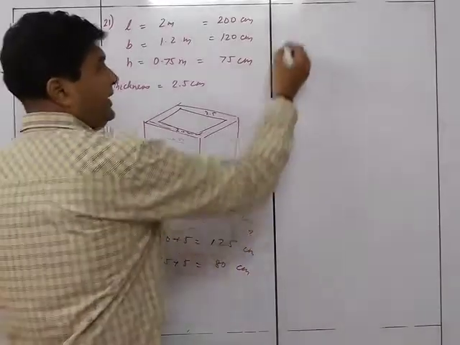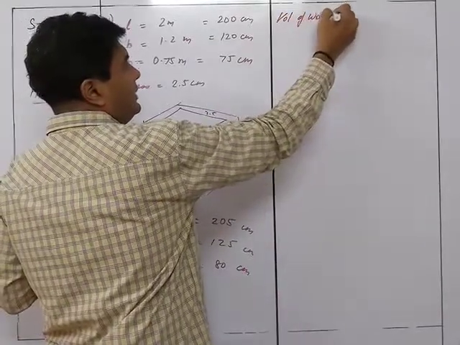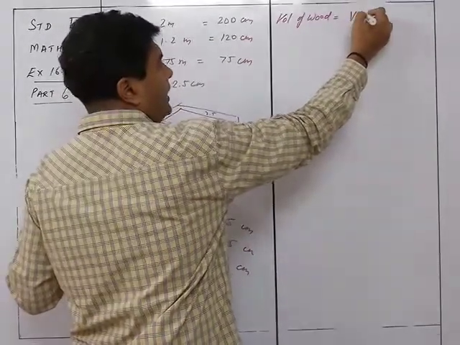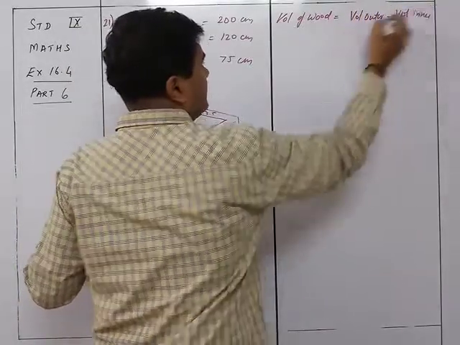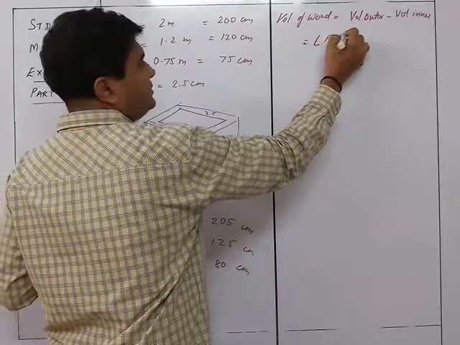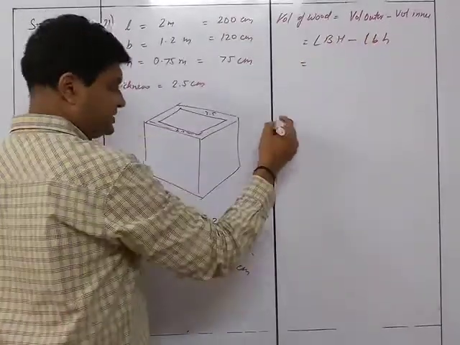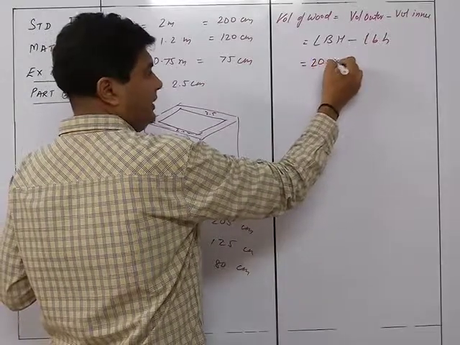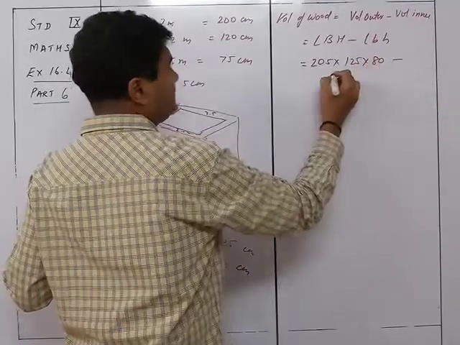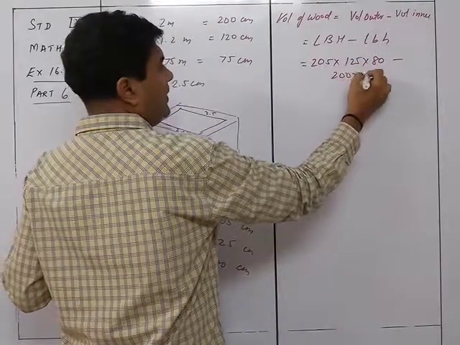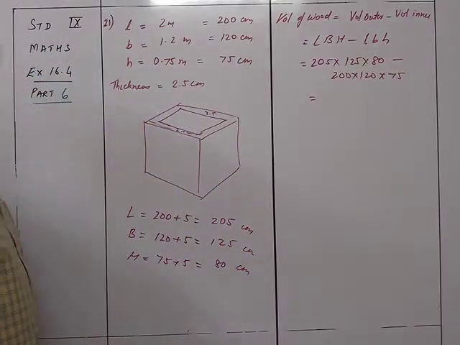Now the volume of wood is equal to volume outer minus volume inner. So that is LBH minus LBH, that is 205 into 125 into 80 minus 200 into 120 into 75. That is the volume of the wood required.